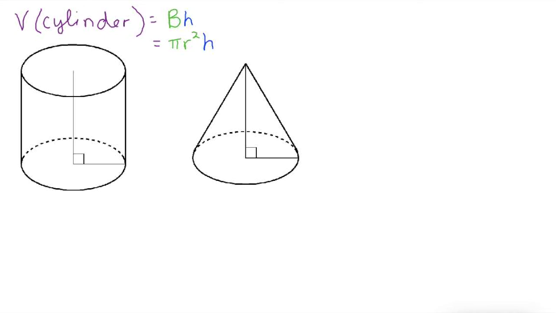We find that cylinders and cones work pretty much the same way. The volume of a cylinder is the area of the base times the height, but we know for a cylinder the area of the base is the area of a circle. So I've replaced the capital B with pi r squared. The bases are congruent circles as highlighted in green.